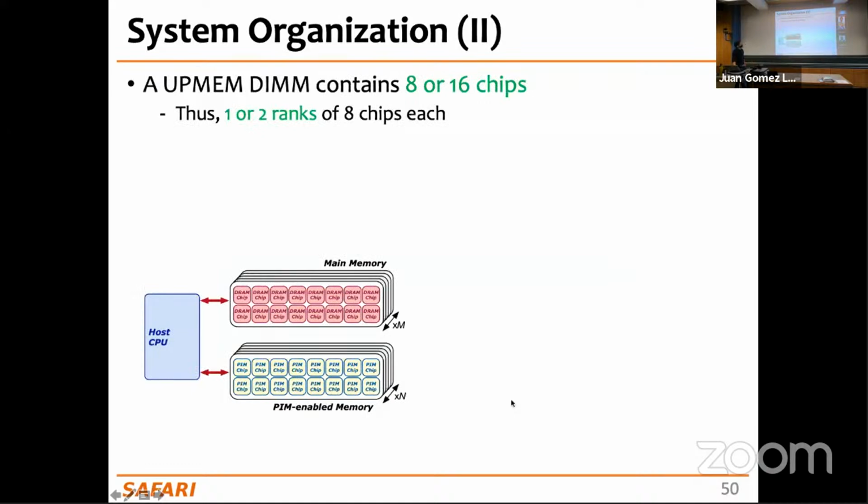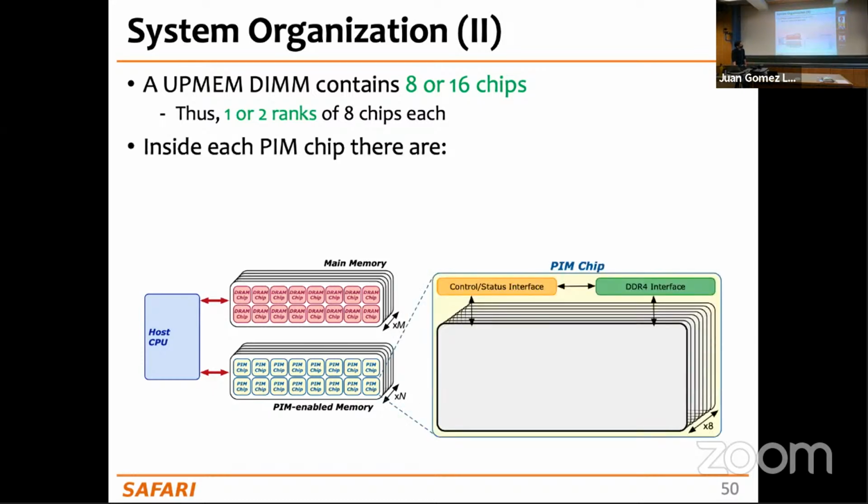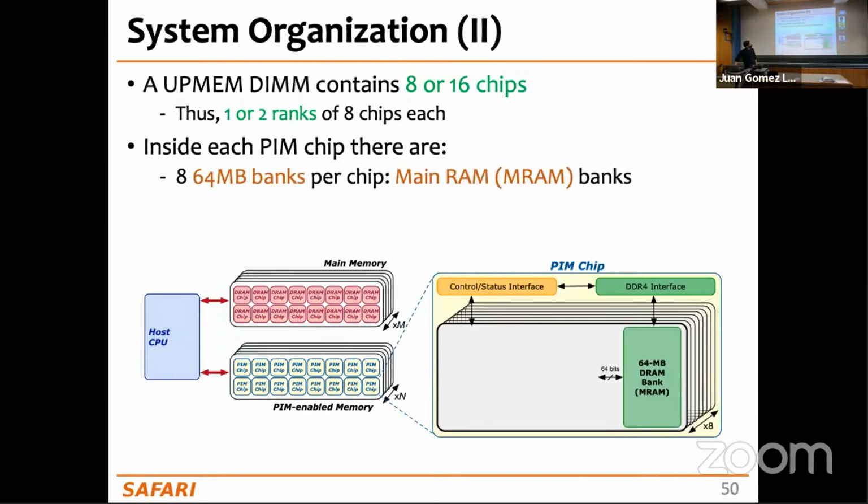These UPMEM DIMMs typically contain 8 or 16 chips, and every 8 chips we call a rank. So we are going to see 1 or 2 ranks per DIMM, and inside each PIM chip, there are 8 DRAM banks of size 64 megabytes, and we call these banks main RAM, or for short, MRAM.